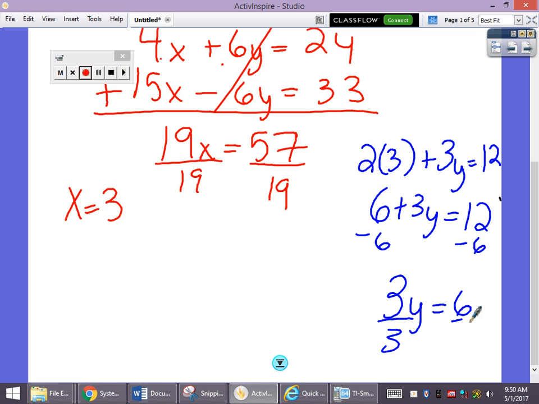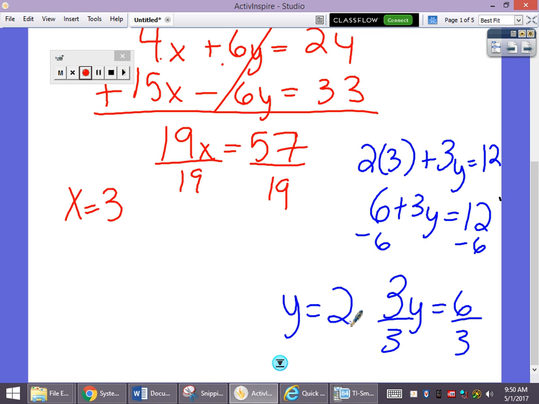Divide by 3. Y equals 2. Okay? Simple. Hopefully some of that came back to you. Based on the new algebra, you would have been learning this somewhere around the December, January end of the first semester when you learned it.